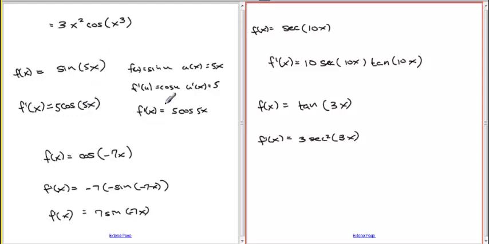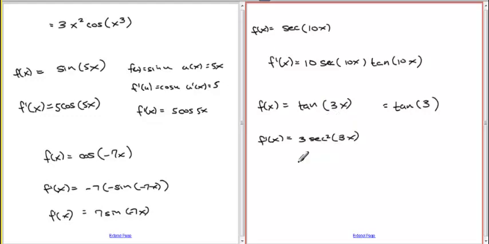So don't ever change that. Some people may say it's going to be equal to the tangent of 3. You'll take the derivative of what you have in here, but the argument never changes. And in this case, it wouldn't make any sense anyway, because the tangent of 3 is a constant.